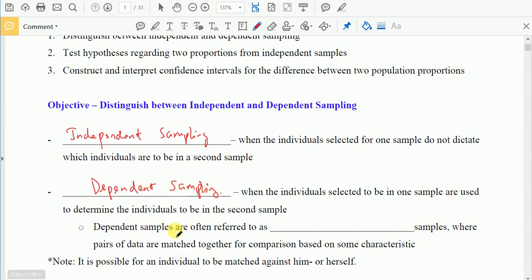Dependent samples are often referred to as matched pair samples, right? Where the pairs of data are matched together for comparison based on some characteristic. So if you compare something against each other, that should be dependent sampling.